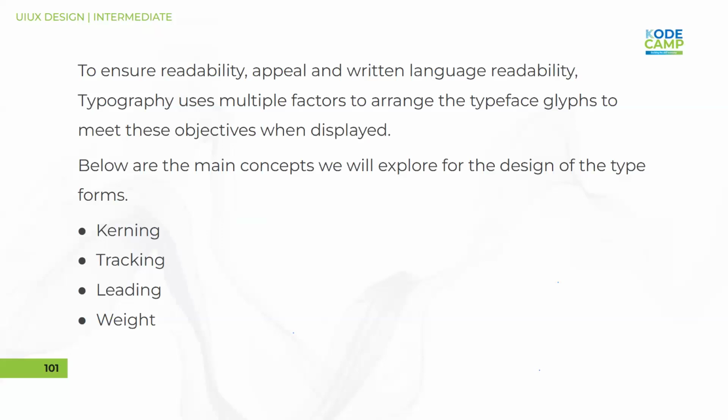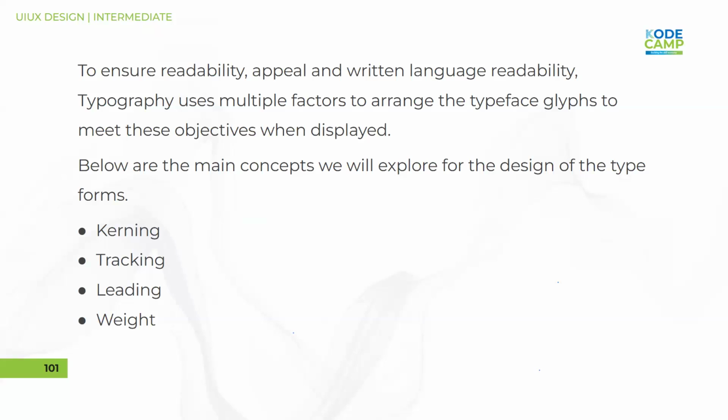So the anatomy of good typography. This is how typography communicates emotions. To ensure readability, appeal, and written language readability, typography uses multiple factors to arrange the typeface and glyphs to meet this objective when displayed.